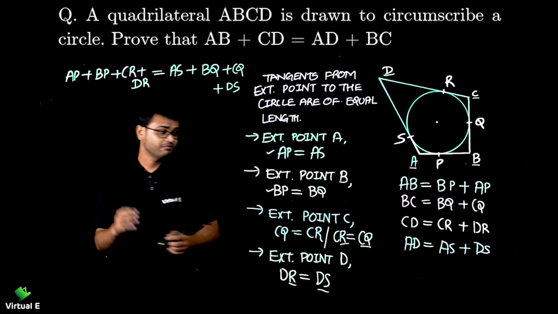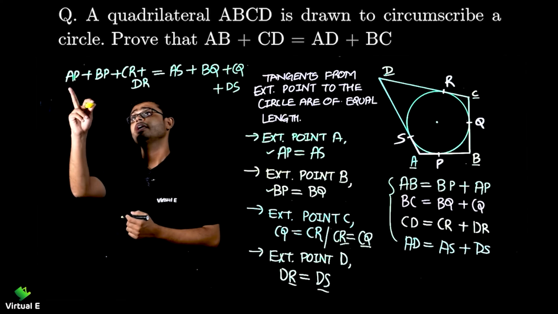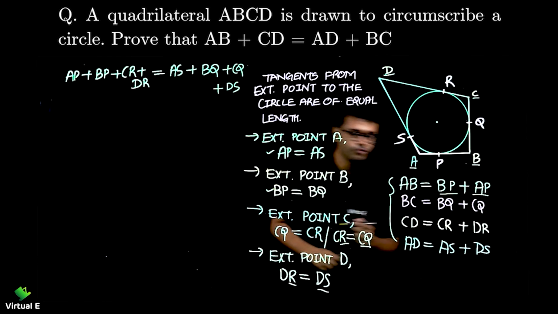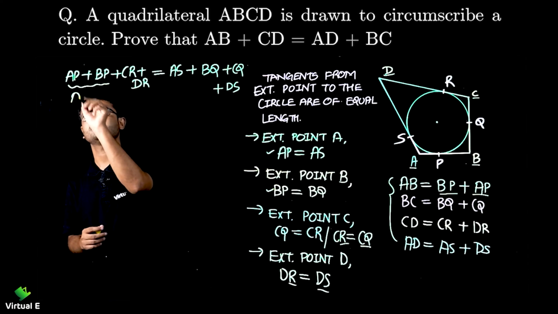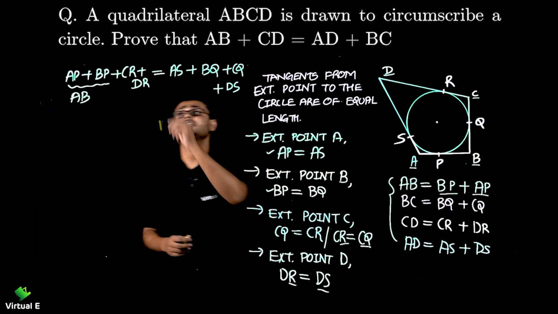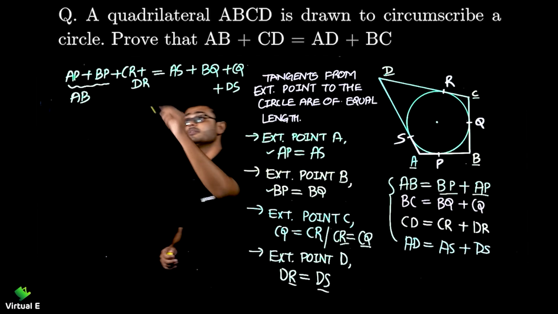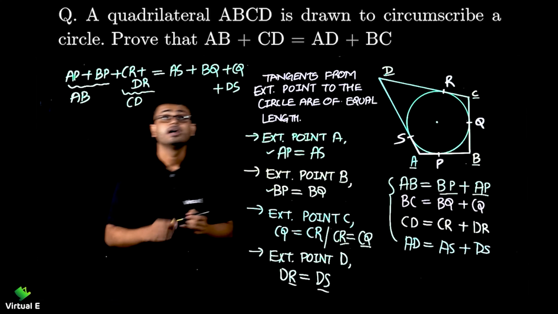Now why have we written these four equations? Important. AP plus BP, how will I replace it? That will be your AB. Done. Then CR and DR, which is CD. So this part I will be replacing with CD.